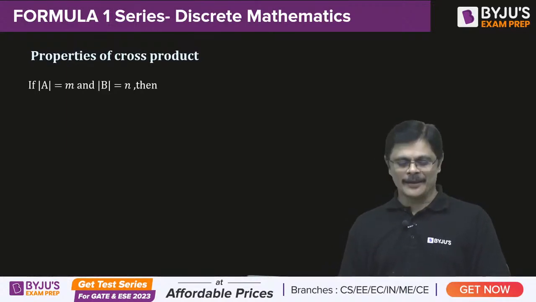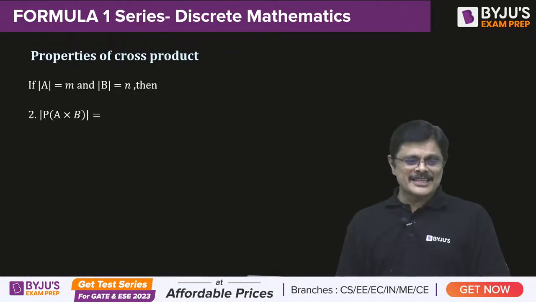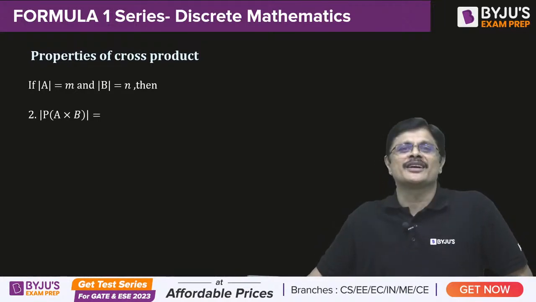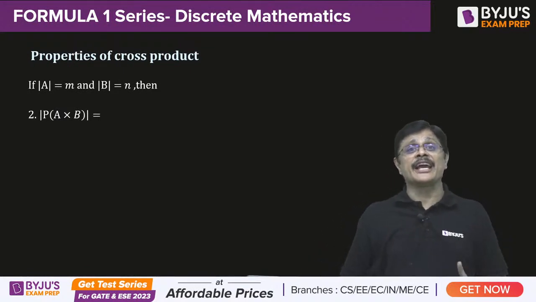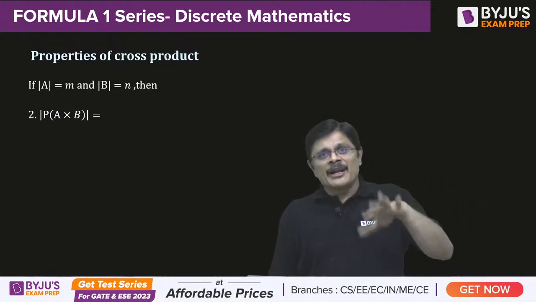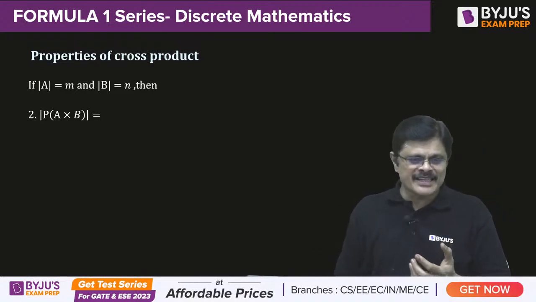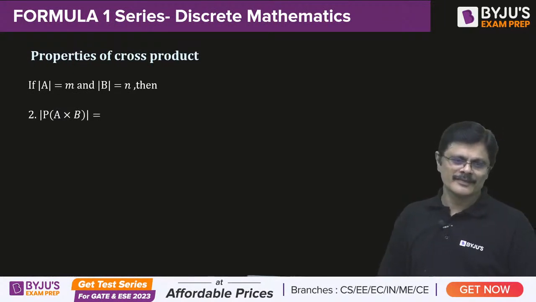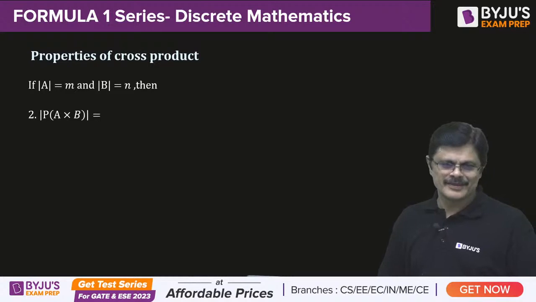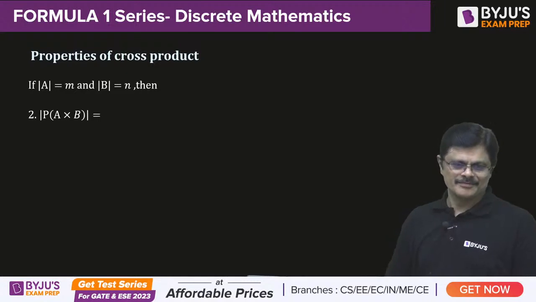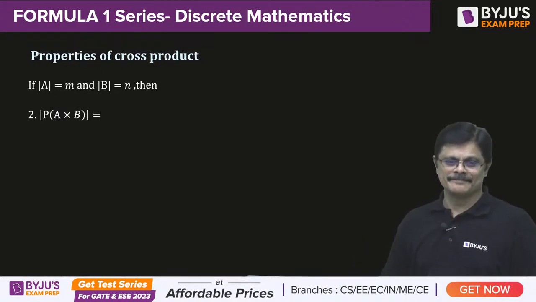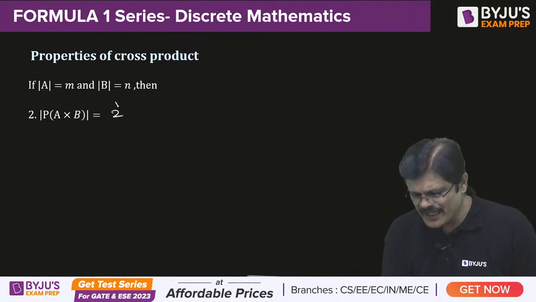Properties of cross product. See, what is the number of elements in the power set of A cross B? Power set means what? Set of all subsets. How many subsets are there for A cross B? If A cross B contains Mn elements, the number of subsets is 2 power Mn.